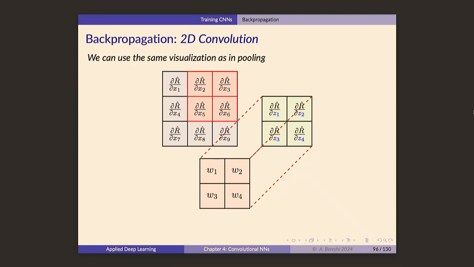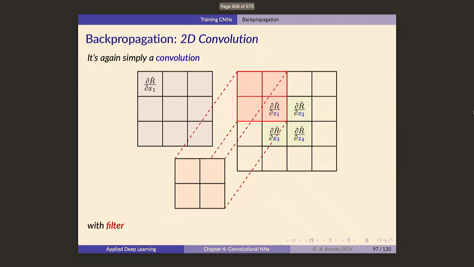Again, I do the multiplication, I put it there, and I keep on doing this, okay? And whenever I get into a cell with something inside it, I sum it up with what I have there, right? But given what we saw in pooling, you can guess that this one is again going to show up as a convolution, right? So you're right. You can write it down as a convolution.